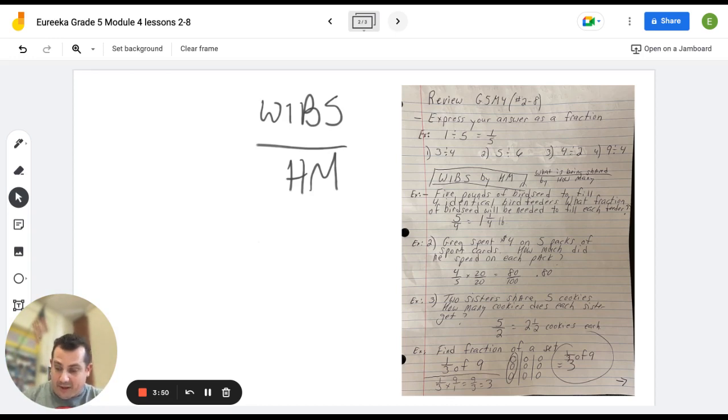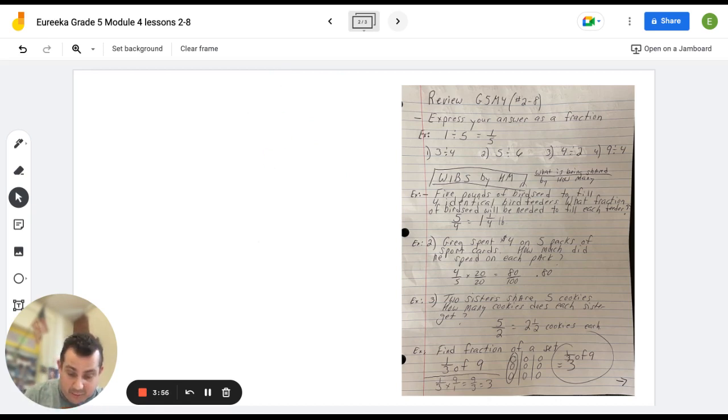And think, what is being shared by how many? So we look over here, and there's nothing for you to complete. Just read the problem and let's look at how we solved it. It says 5 pounds of birdseed to fill 4 identical bird feeders. What fraction of birdseed will be needed to fill each feeder?